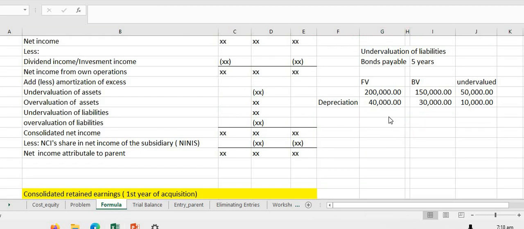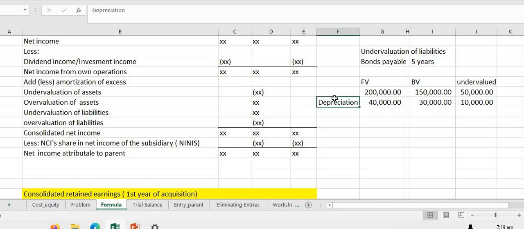Okay, so what if yung bonds payable natin has a fair value of 200,000 and then yung book value ng bonds natin is 150,000. So again, it's undervalued by 50,000. Okay, let's just also assume that the term, so yung life ng bonds natin is 5 years.